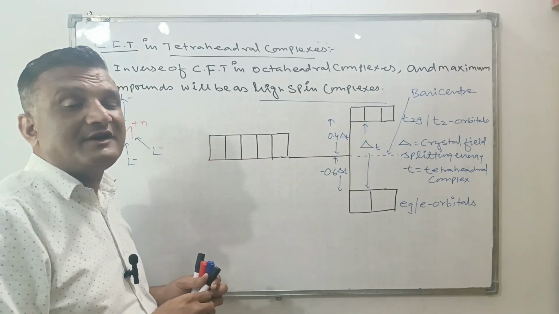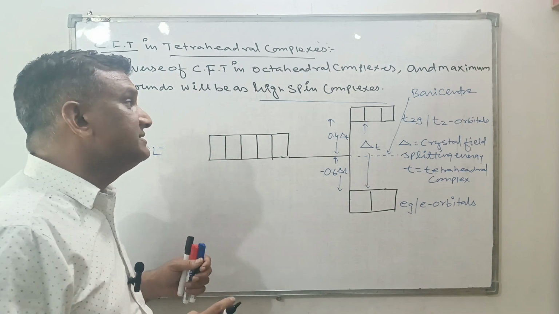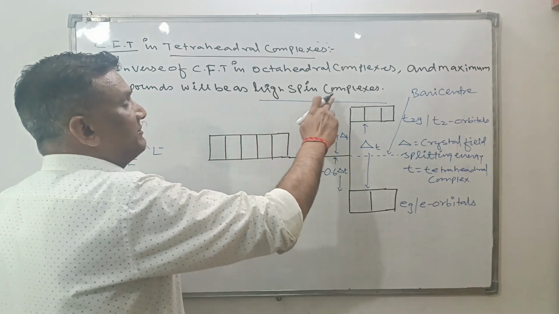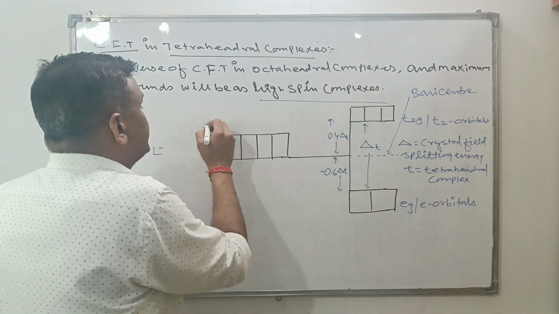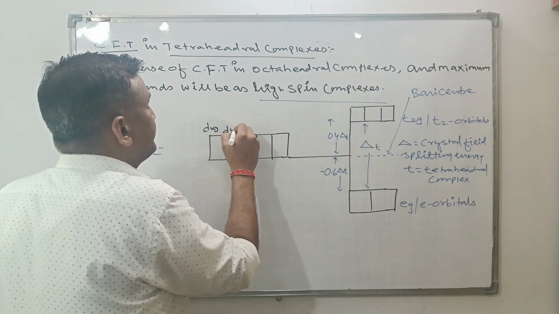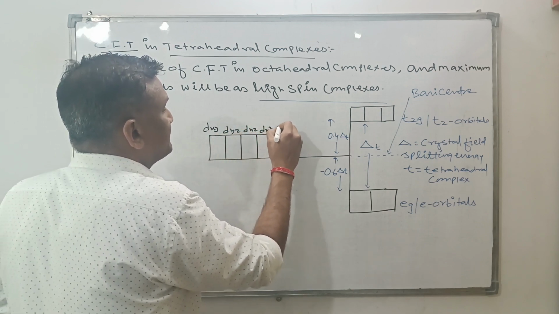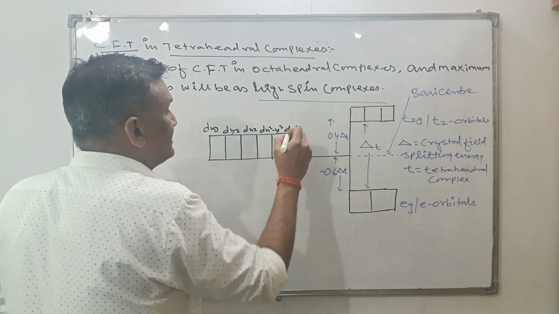Means it's just the inverse of CFT of the octahedral complexes, and maximum complex compounds will be high spin complexes. These are your dxy, dyz, dxz, dx square minus y square and your dz square.